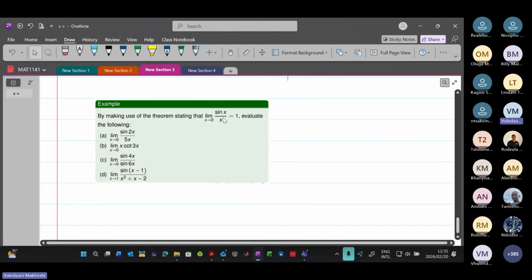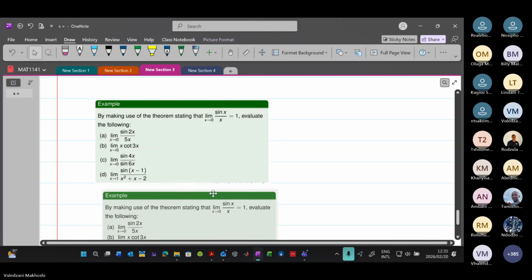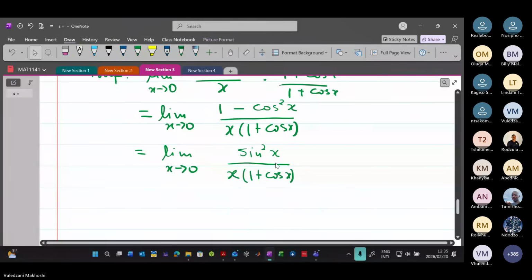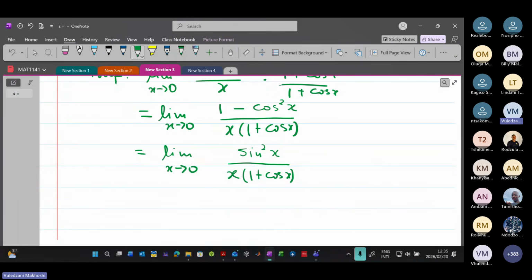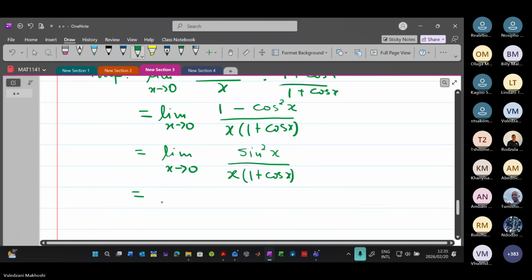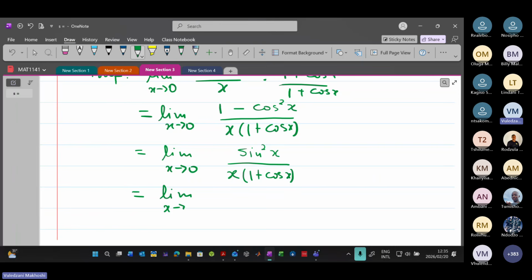And this is going to give us the limit as x approaches 0 of sine x over x multiplied by sine x over 1 plus cosine of x.